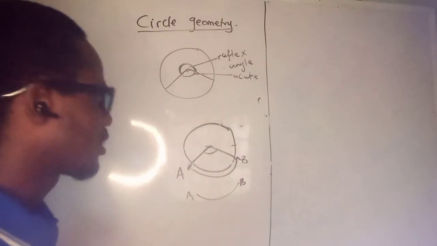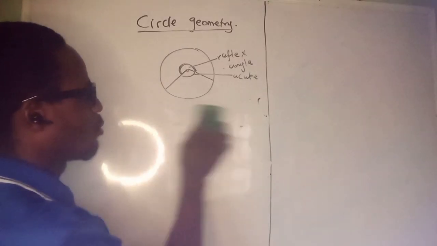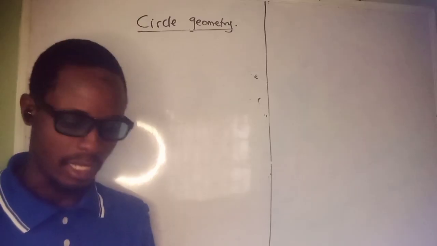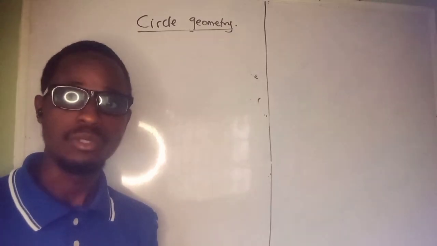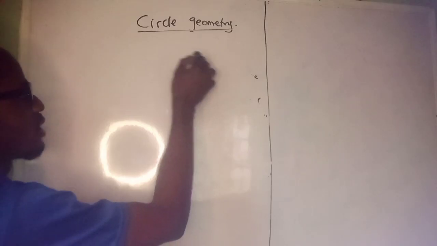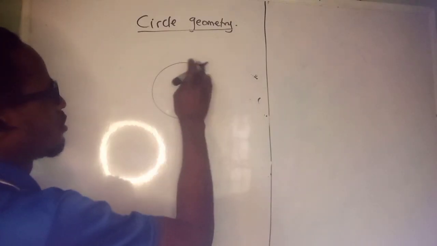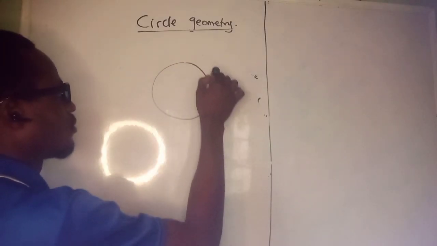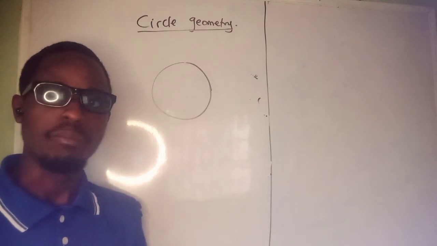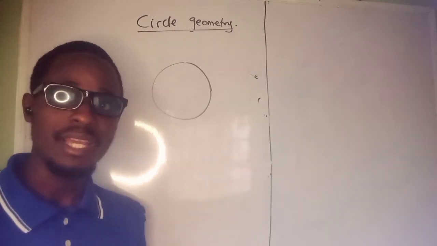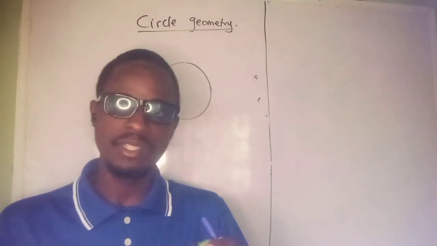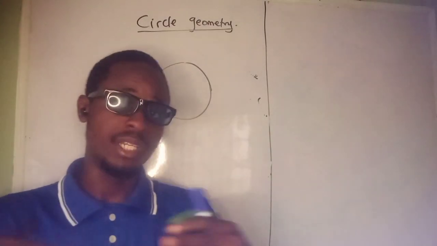Now let's look at another property that is very compulsory in understanding the circle theorems. If I have a circle, any line that passes through the circle and does not stay within the circle, unlike the diameter and chord which are both within the circle.